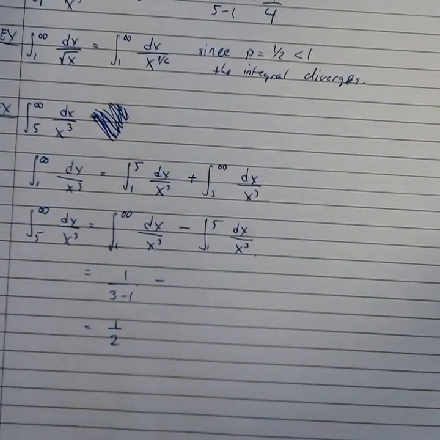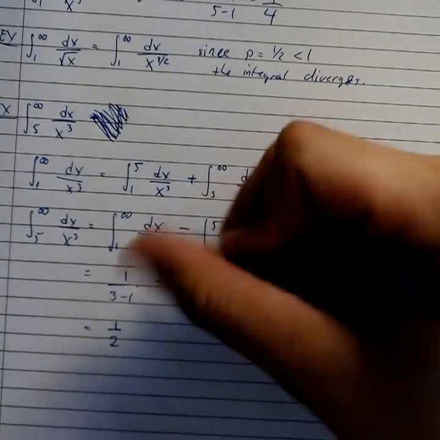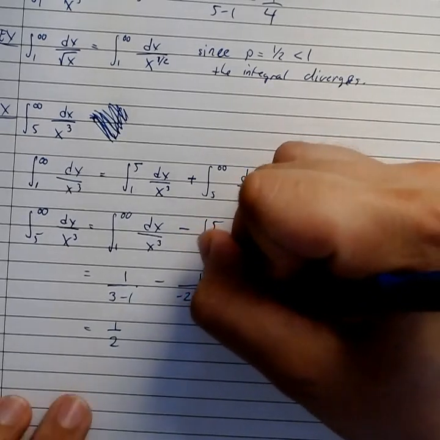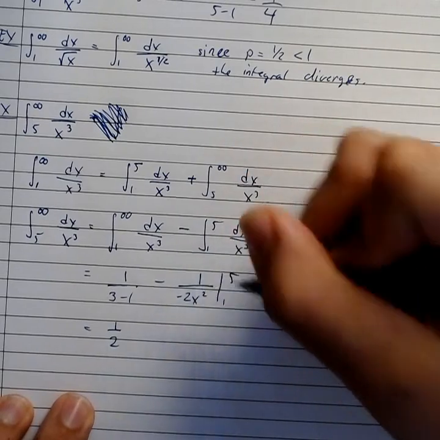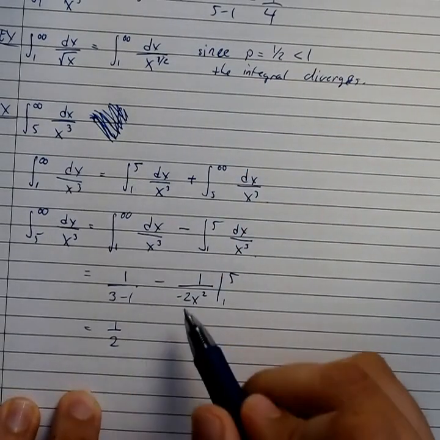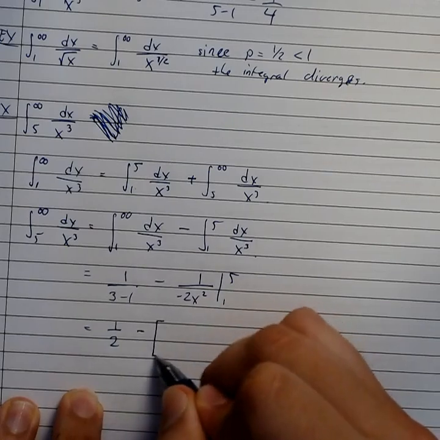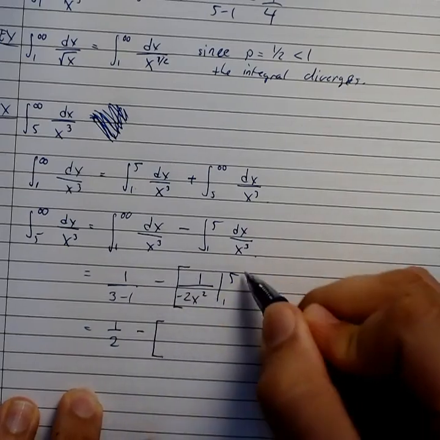If I take the antiderivative of dx over x to the third, I'm going to get 1 over negative 2x squared, evaluated from 1 up to 5. So that's going to be minus, and here, let me just do this part on its own.